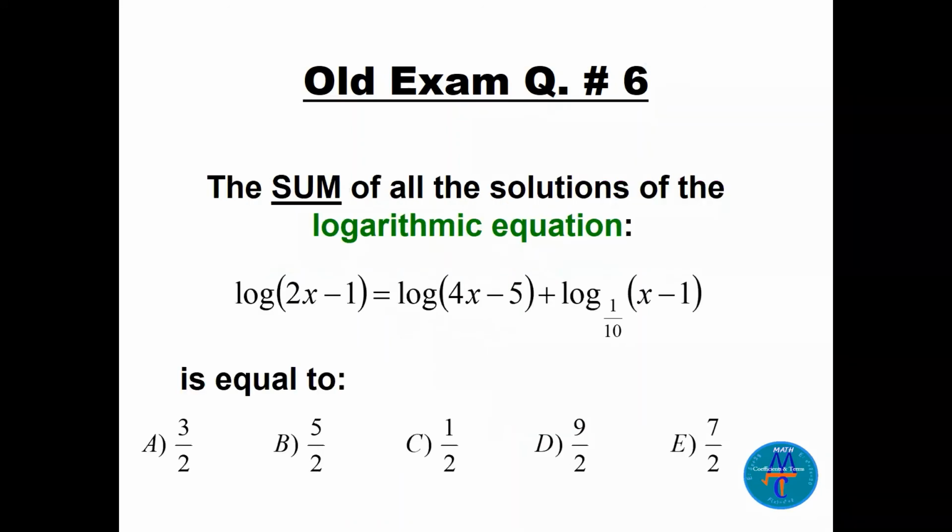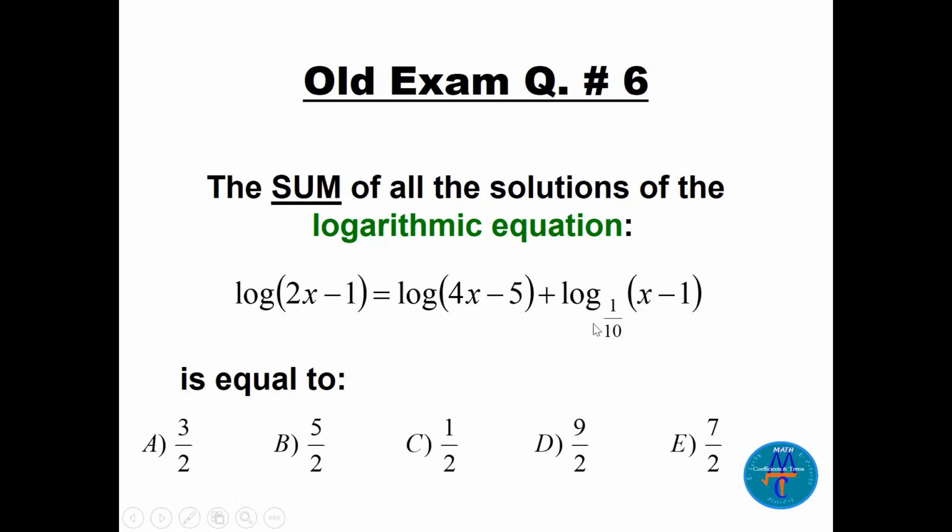And then question number 6, the sum of all the solutions of this logarithmic equation is given in a, b, c, d, multiple choice. Here we have log base 10 of (2x minus 1) is equal to log base 10 also of (4x minus 5) plus log base 1 over 10 of (x minus 1).